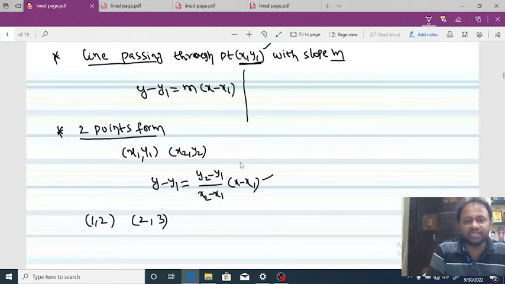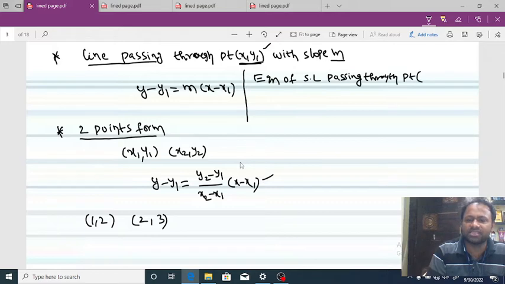I will take one example of the first one. What is the equation of the straight line passing through the point 0 comma 0 with slope 1 by 2?